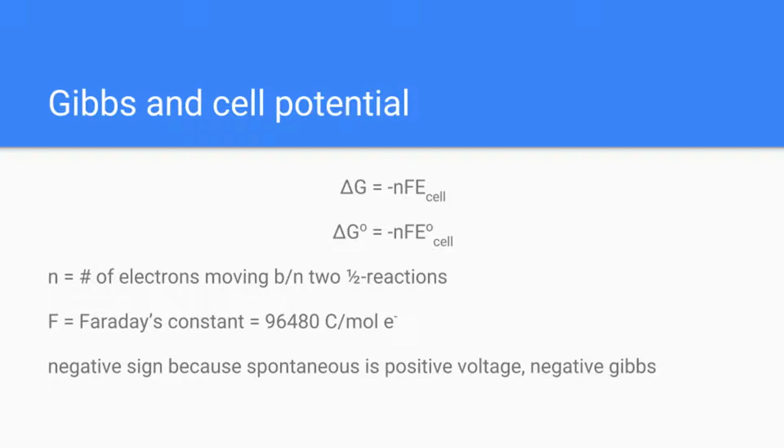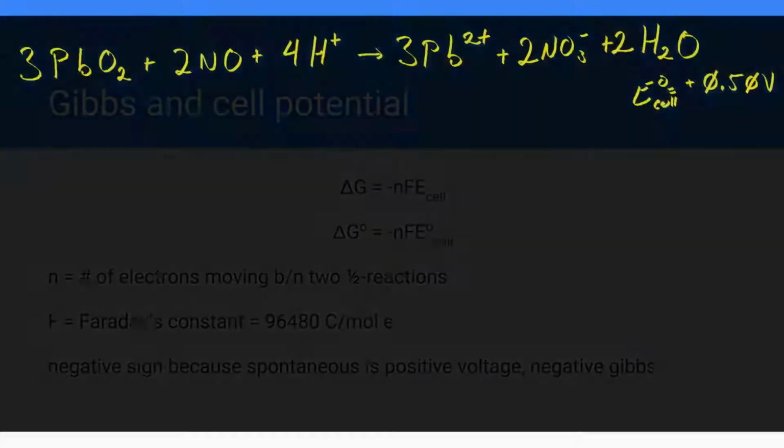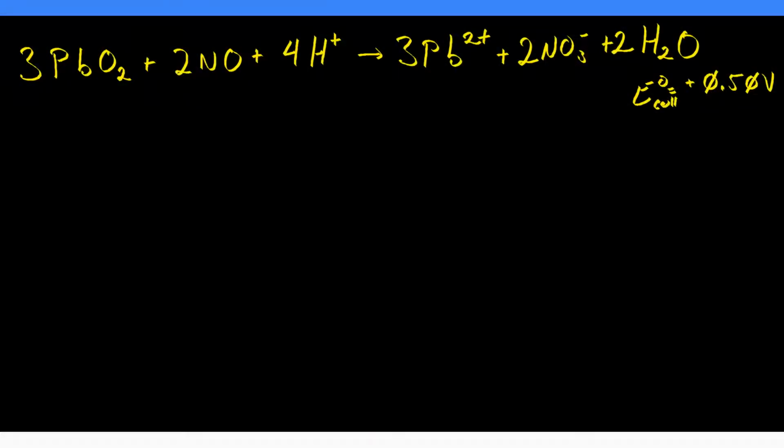So it's negative nFE. Let's calculate the Gibbs free energy change for the 2 reactions we just looked at. We will work our way backwards for these examples, so we'll start with the previous of our 2 reactions.